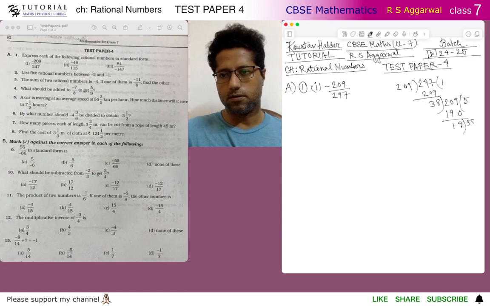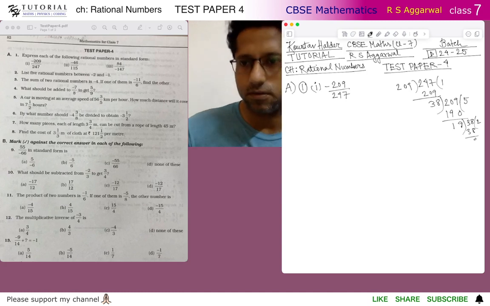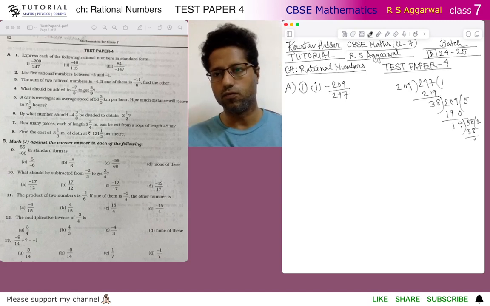So 38 and 19, so 19 is a common divisor of 209 and 247.